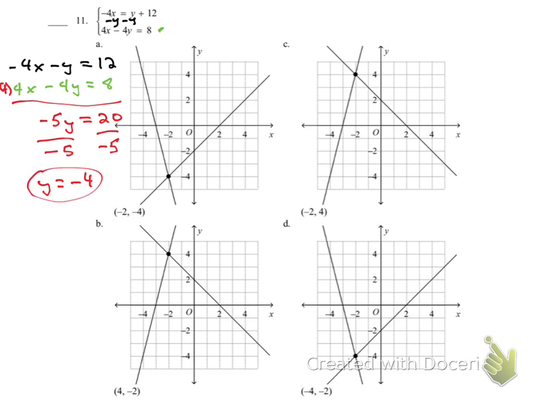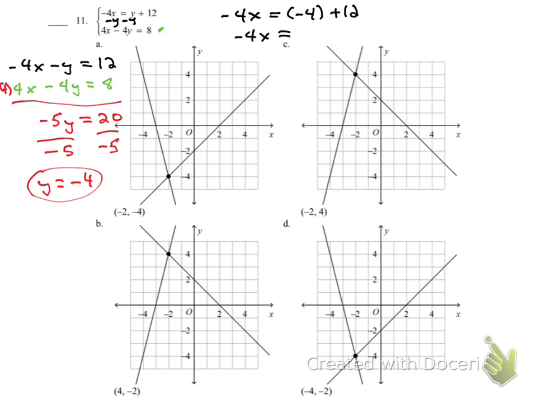All right. So then I'd plug it back in. You can plug it into any one of the originals. If I plugged it back into the first one, I would have negative 4x equals negative 4 plus 12.